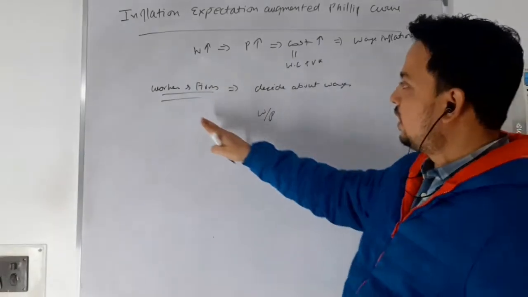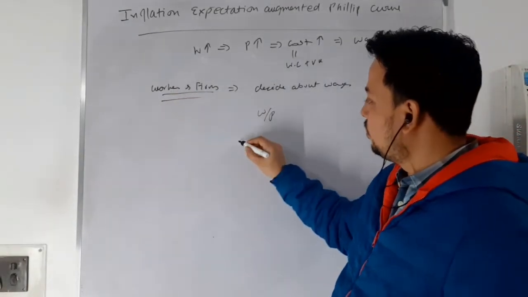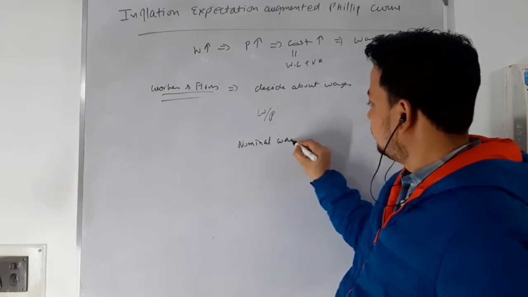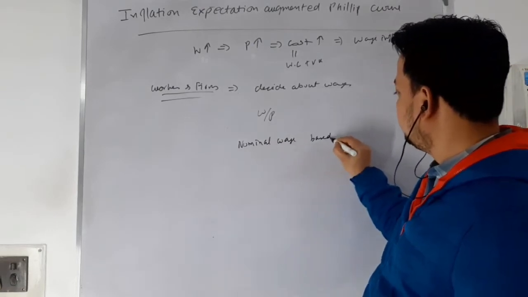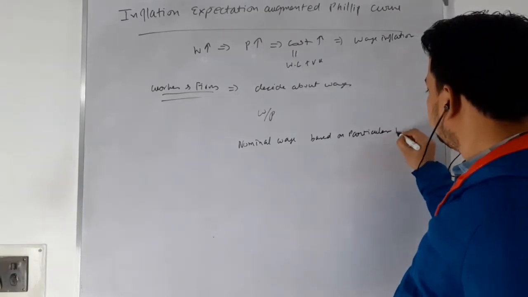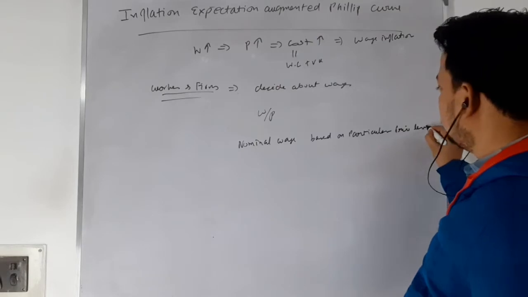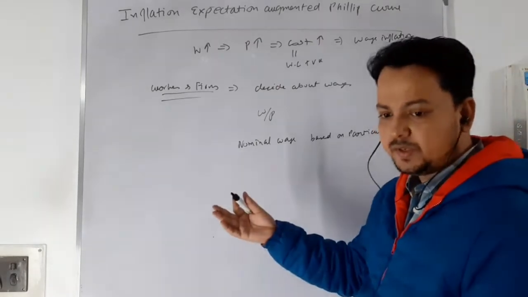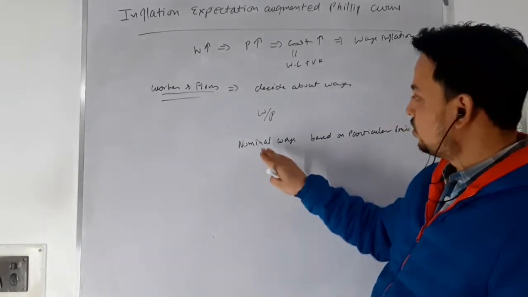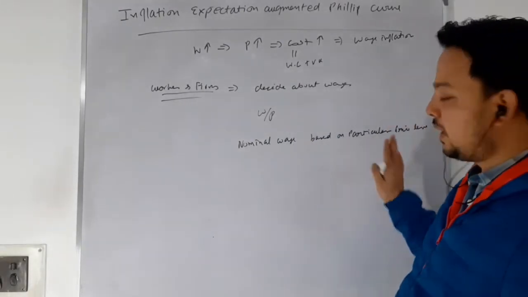So what do workers want to do? They want to adjust the nominal wage based on a particular price level. They don't know what the actual inflation will be over the contract period. So they want to adjust nominal wage based on a particular price level.